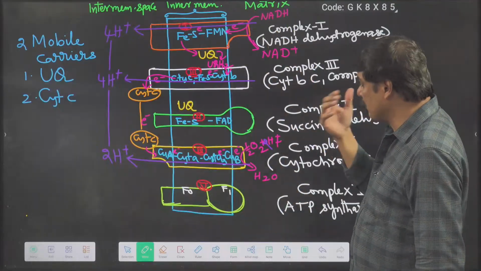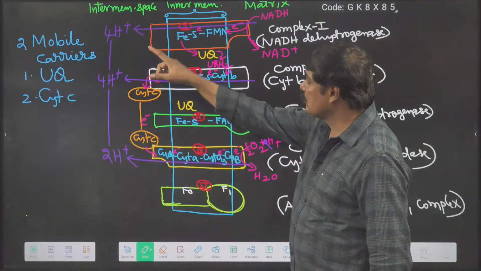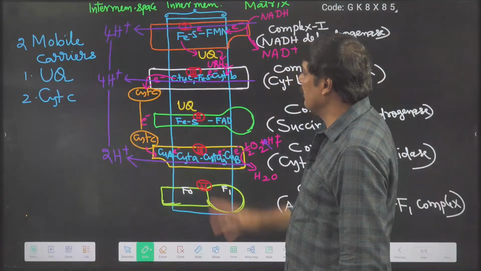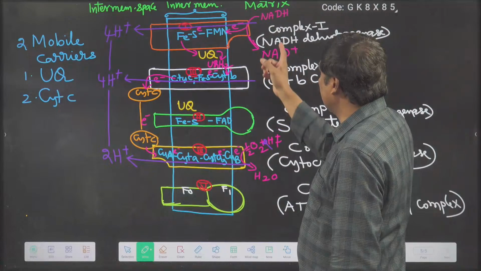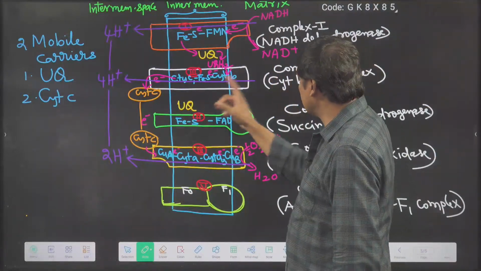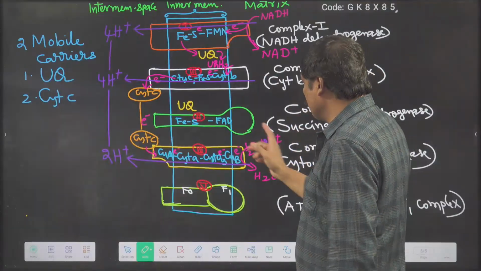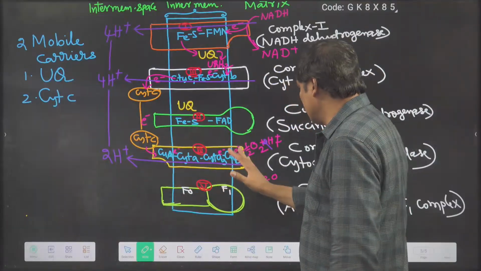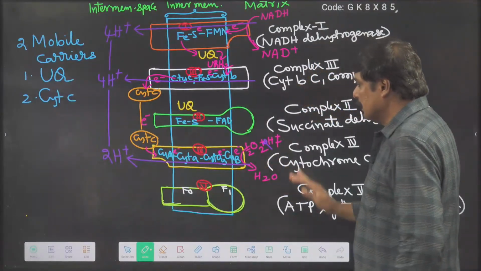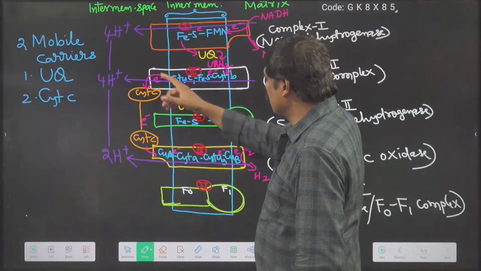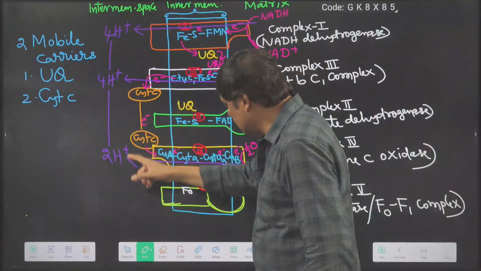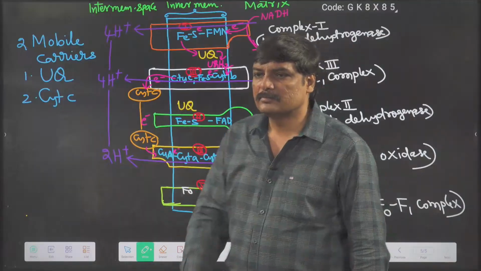During this transport of electrons, protons are also transported across the membrane from the matrix into the intermembrane space at 3 places. 4 protons in complex 1, 4 protons in complex 3, and only 2 protons in complex 4. The remaining 2 are utilized for formation of the water molecule. Thus, totally 10 protons are accumulated for each NADH in the intermembrane space. Correct?